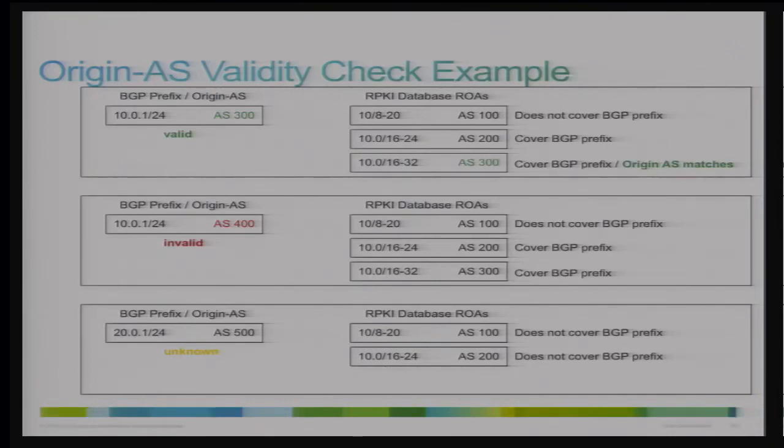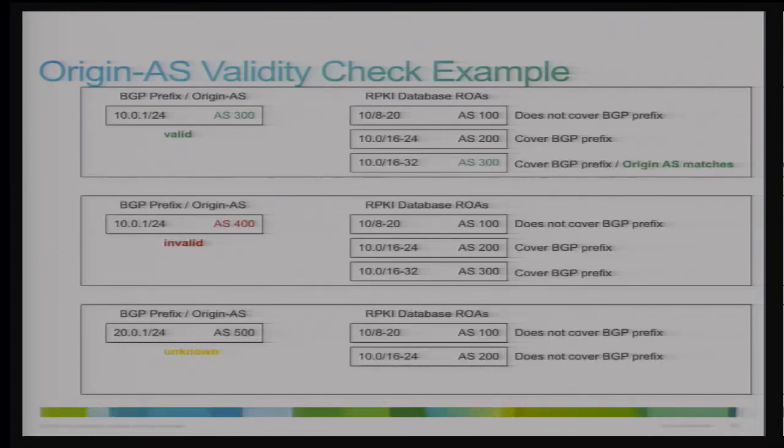Now, if I receive an update from an eBGP peer that has the origin AS of 300 and the prefix of 10.0.1/24, it matches the third entry. Since it matches the third entry, it is valid.